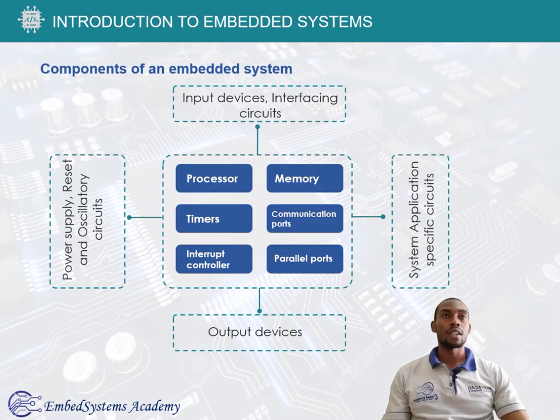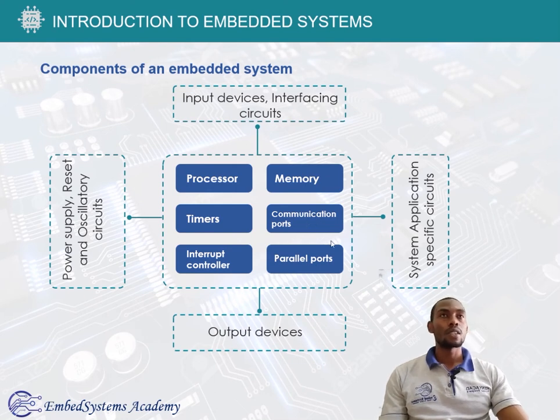So graphically, you can see this is the core of the embedded system. We have the processor, memory, timers, interrupt controllers, parallel ports. This is where we have the inputs and outputs, communication ports as well.